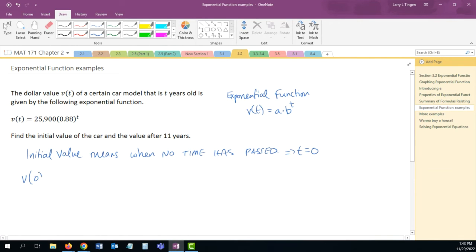So if I want the initial value, I use my exponential function, 0.88 raised to the 0. Anything to the 0 power is 1. So that's 25,900 times 1, which is 25,900. So the car's value is $25,900 to start.